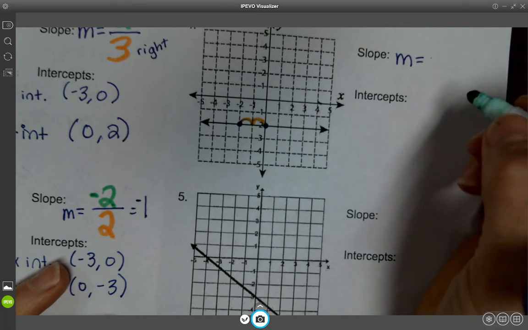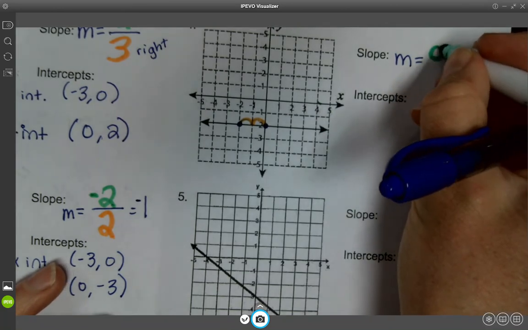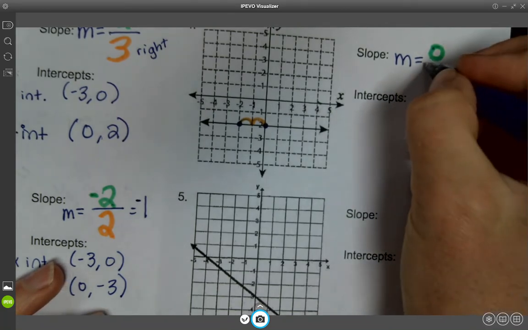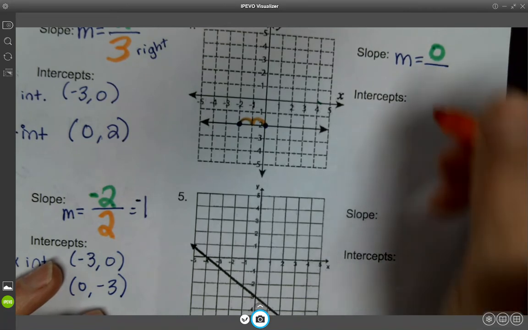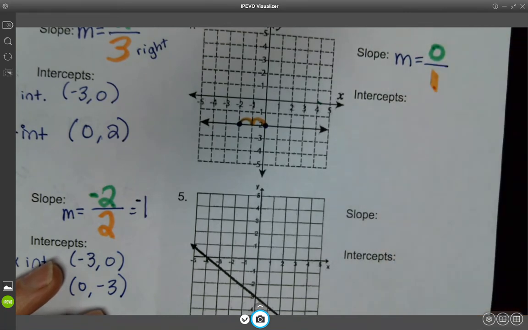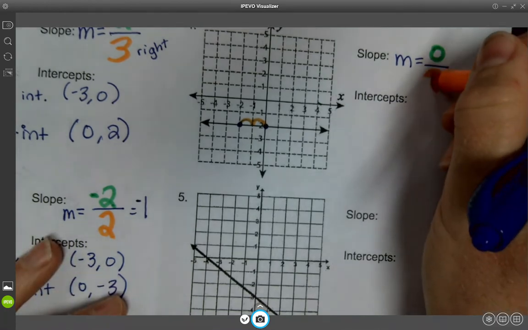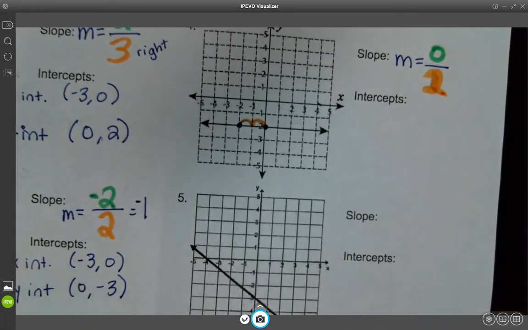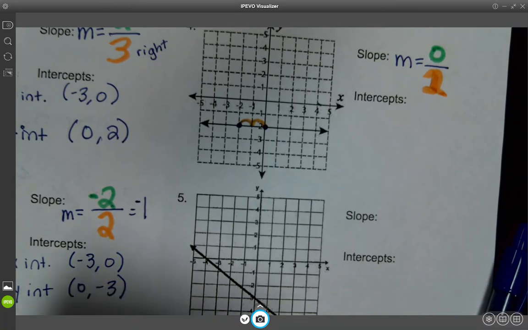So I want you to write it like I'm doing. 0 over 1. No, it's not 1. It's 2, isn't it? 2. When you put that in the calculator, 0 over 2, it didn't rise any.